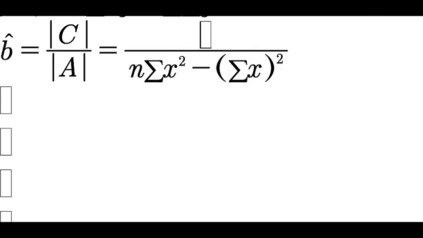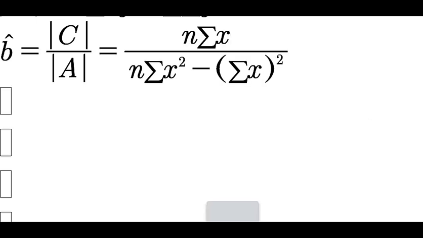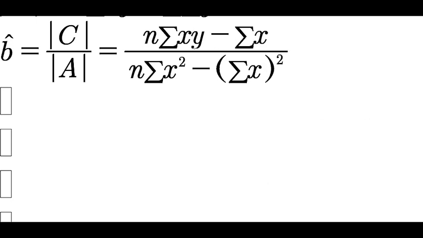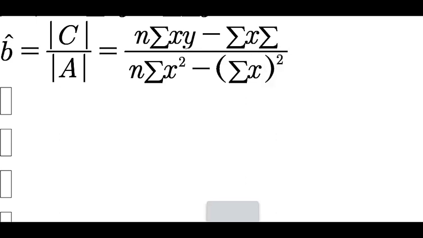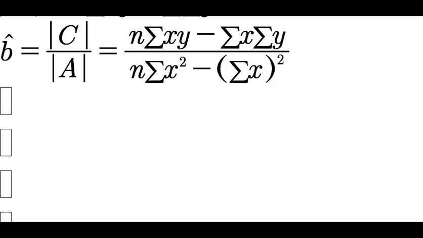That is our divisor. Our numerator or dividend becomes n summation xy minus summation x summation y. So this becomes the estimate of our true parameter, or slope, b, from our equation.